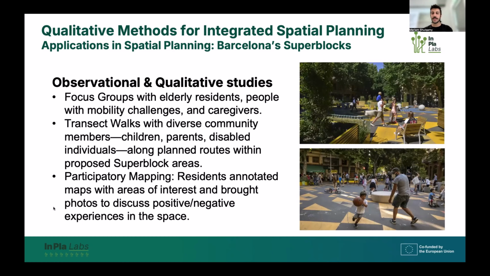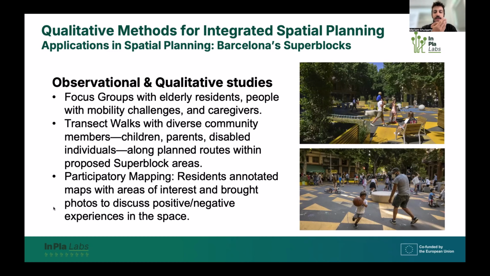In the beginning, there were focus groups with elderly residents as well as transect walks, so guided walks with conversation happening in parallel with families. And these revealed various concerns about comfort, shade, and safety. And participatory mapping allowed people to mark areas of importance, and there were also workshops where people could bring photographs and discuss according to these maps and photographs.